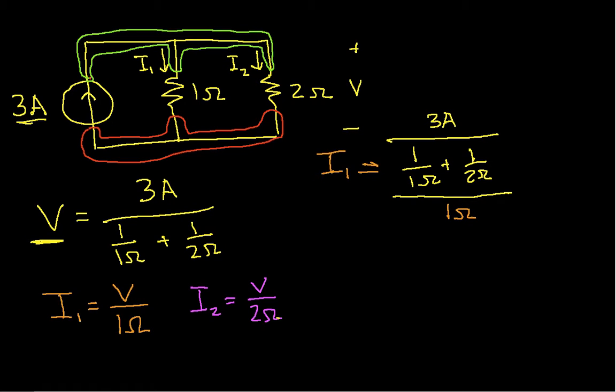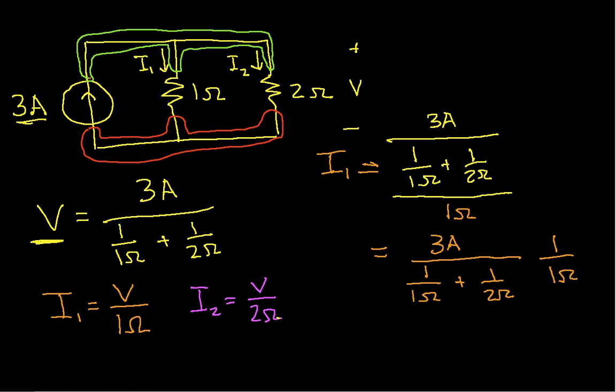Okay, how on earth are we going to do this? Well, that's actually a good question. Basically, another way to write this is 3 amps over 1 over 1 ohm plus 1 over 2 ohms, times 1 over 1 ohm.